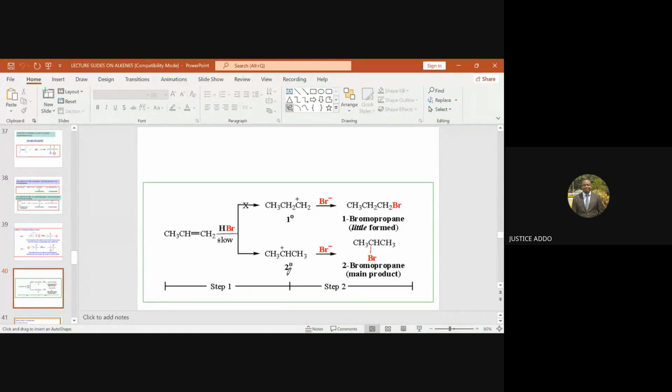Primary and secondary, which one is more stable? It is the secondary. So Markovnikov's rule always leads to the formation of what? The most stable intermediate. Whilst the anti-Markovnikov always leads to the formation of what? The least stable intermediate. And then consequently, the product that is formed from the secondary carbocation is formed more. So that one becomes the major product. And then the other one becomes what? The minor product.